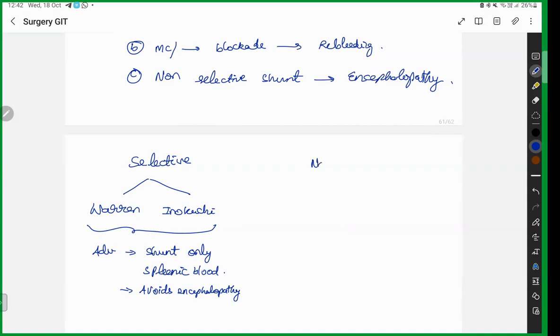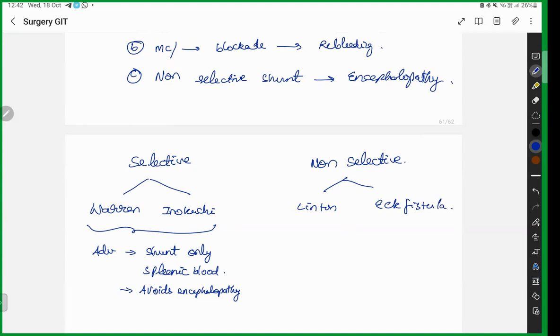And you're going to have the second thing, non-selective. What is this non-selective? Non-selective, you're going to have again two. One is your Linton. Linton is proximal splenorenal shunt. So Warren is a distal splenorenal shunt, whereas Linton is proximal splenorenal shunt. And you have Inokuchi, left gastrovenocaval shunt. And what is X fistula? X fistula is a portocaval shunt.